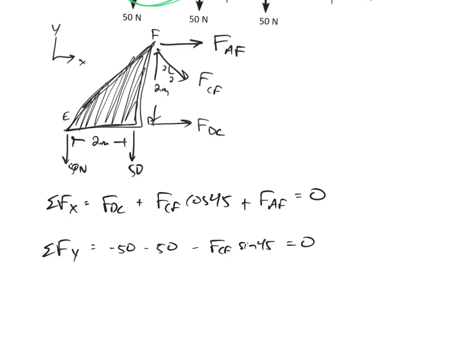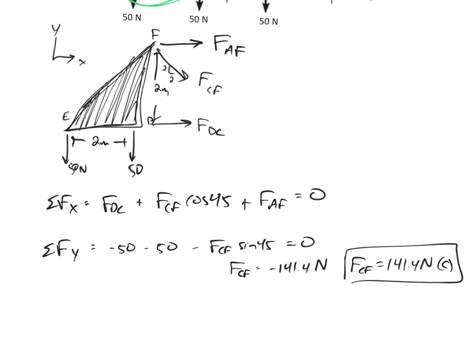So from this one, I can get FCF is equal to negative 141.4 newtons. So FCF is 141.4 newtons in compression, right? Because I guessed it was in tension, but it is actually in compression.